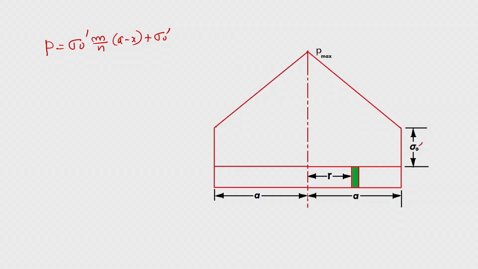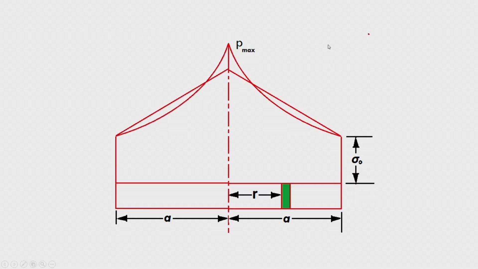And if it is perfectly sticking, m is equal to 1, and we can get the value for the perfect sticking condition. But in the actual case, it will be intermediate. If you calculate the value of p max using sliding friction and sticking friction, you will find that a relationship will be there like this.